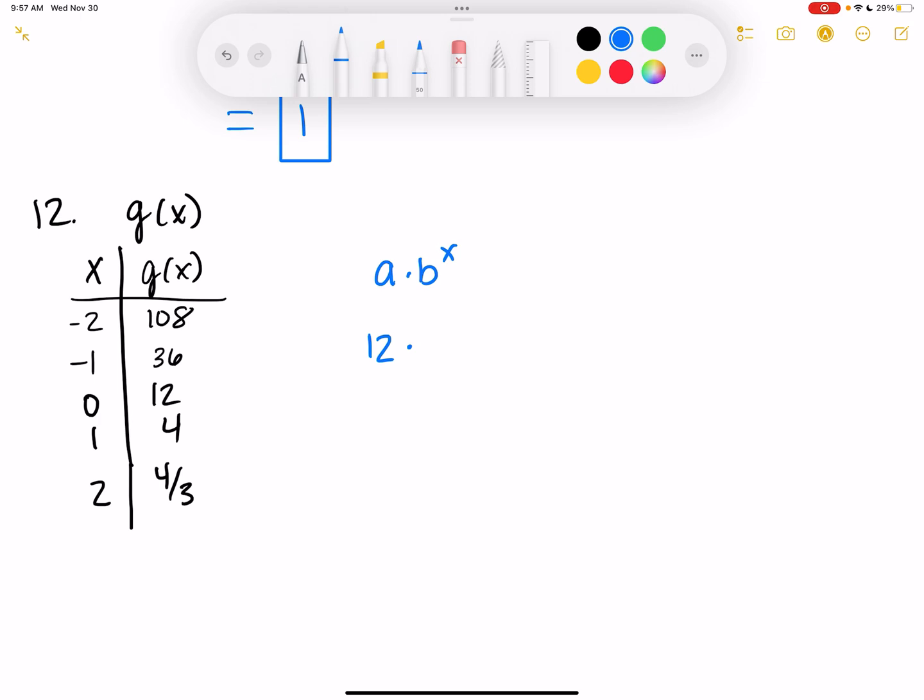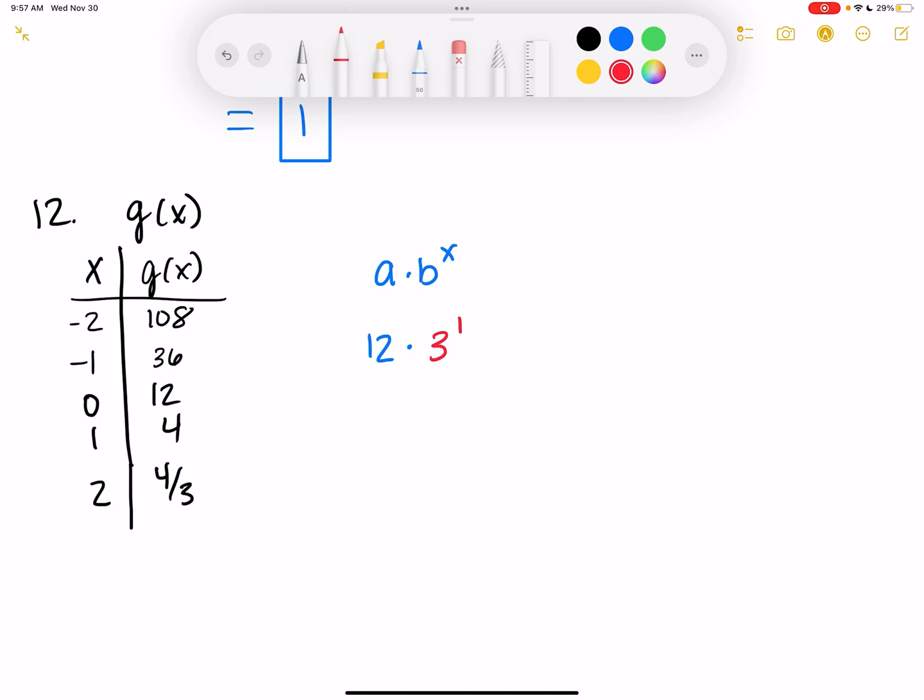So then we have to figure out what's going for b. Any ideas? 3. Why 3? Just look for the pattern. So plug in a number. If you put 3 there, let's do x equals 1.